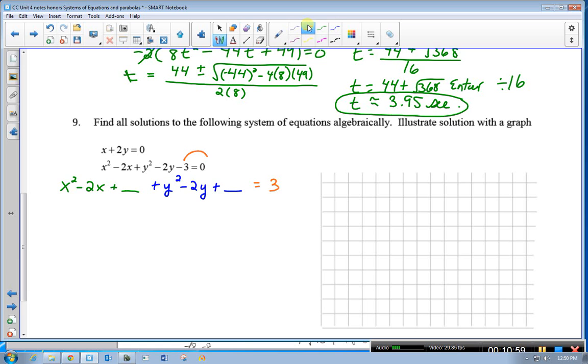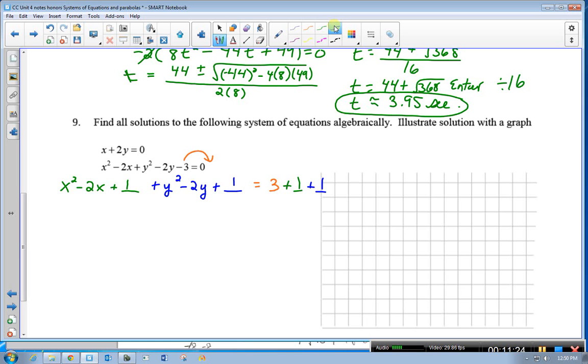We bring the negative 3 over because it's a circle. So half of 2 is 1, 1 squared is 1. So that's what we are adding to both sides.